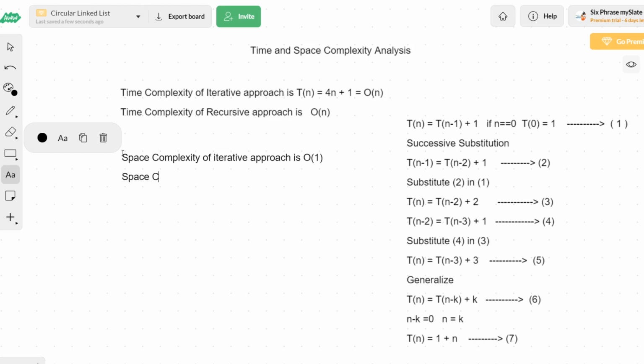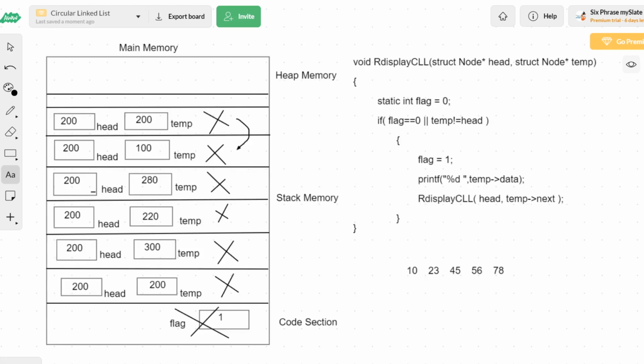Similarly, let us also speak about the space complexity of the recursive approach. The space complexity of recursion depends on the activation records. Here we have pointer variables called head and temp, for which we will have two memory blocks for every activation record.